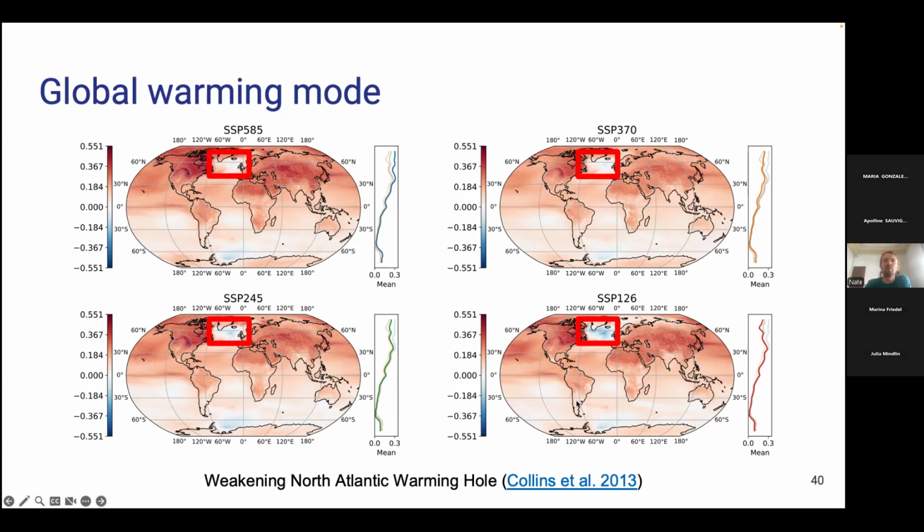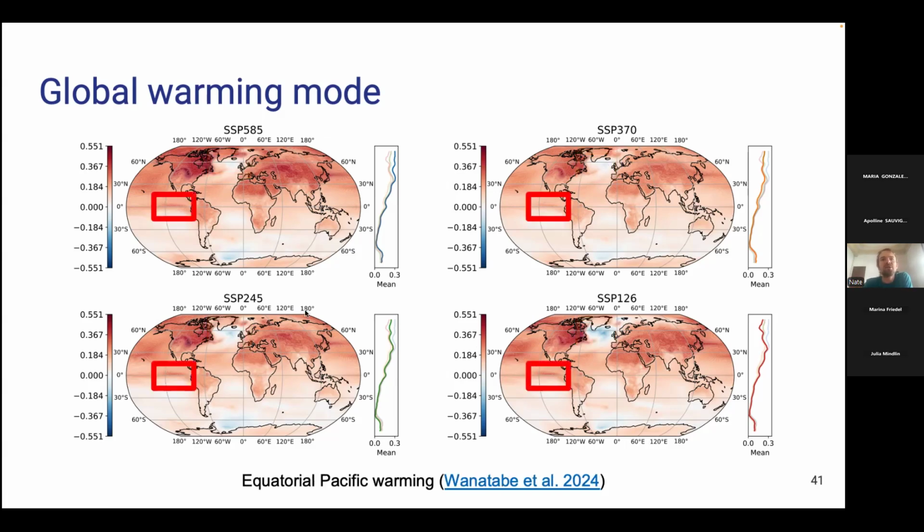The North Atlantic warming hole weakens in higher forcing scenarios. And this, I think, is somehow related to the slowing down of some of these essential circulations, such as AMOC. So we see this pattern. It corresponds to this cooling in the Northern Pacific or the Northern Atlantic.